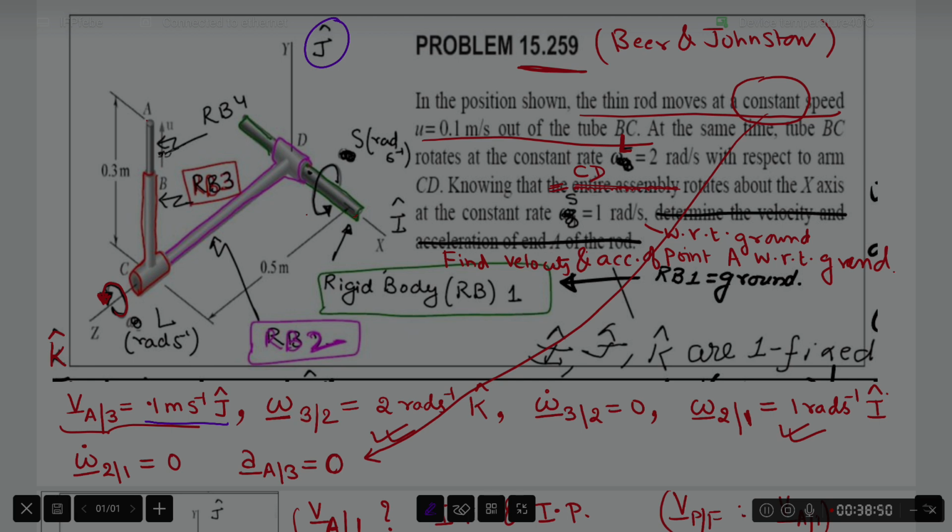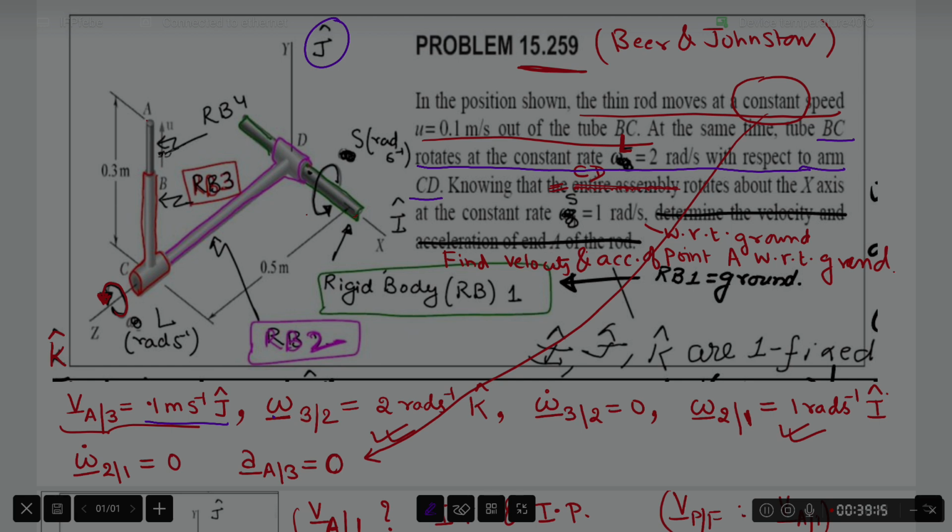Next statement. At the same time, tube BC rotates at the constant rate of 2 radian per second with respect to arm CD. So BC rotates at a given rate with respect to arm CD. So that should be omega 3 bar 2, omega 3 with respect to 2.